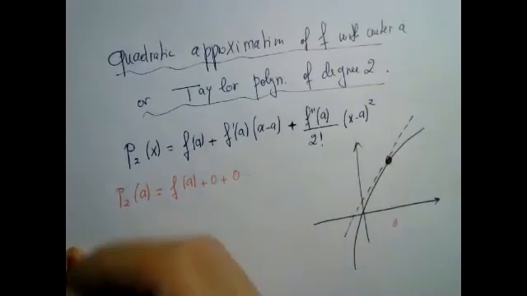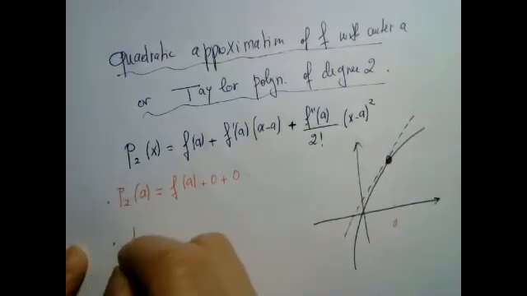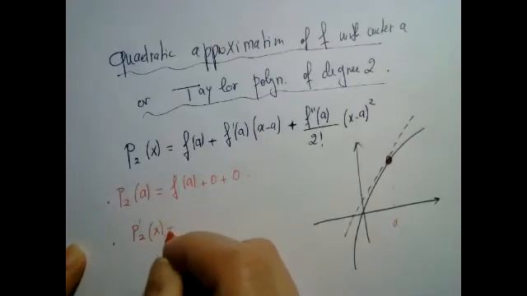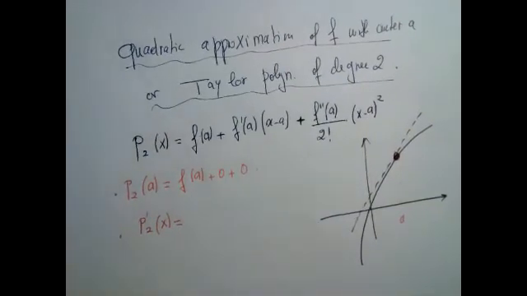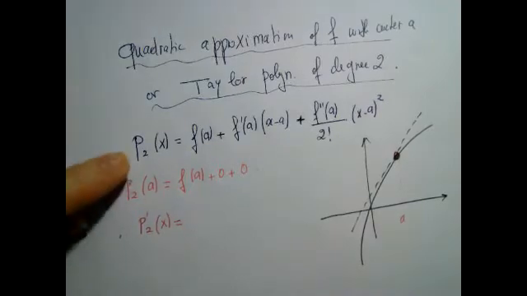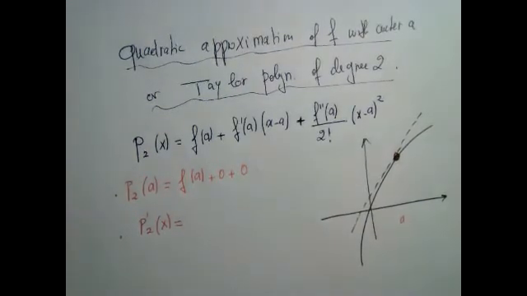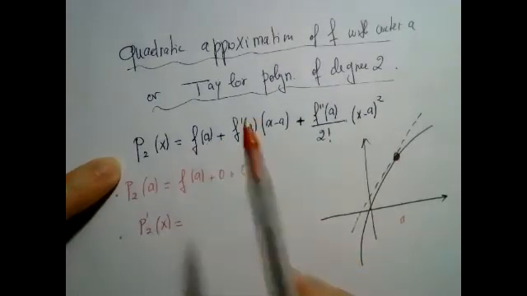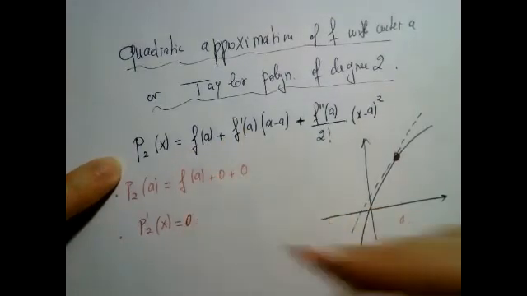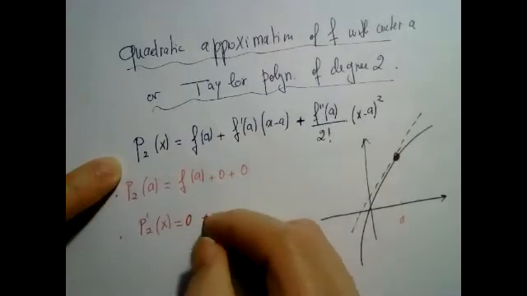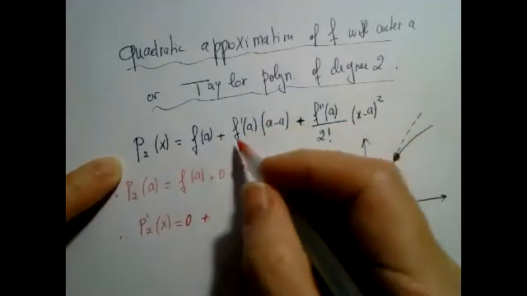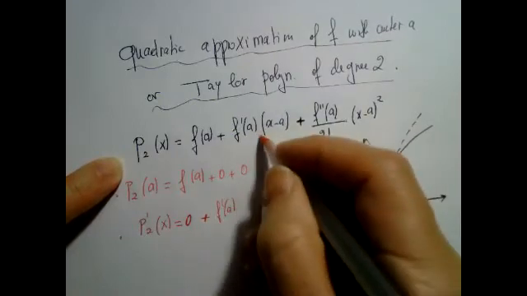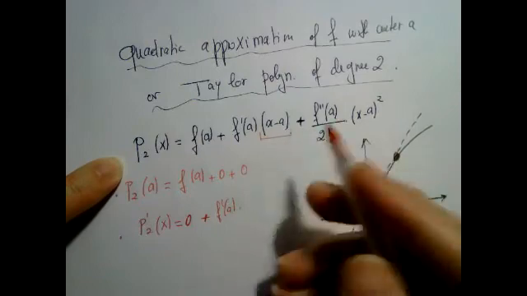Now, something else this polynomial has. I know it's a little bit abstract, but that's the last abstract thing I will do. Let's see what the derivative of this polynomial is. f of A is a constant, so its derivative is 0. Plus f prime of A, a constant, times the derivative of x minus A, which is just 1.